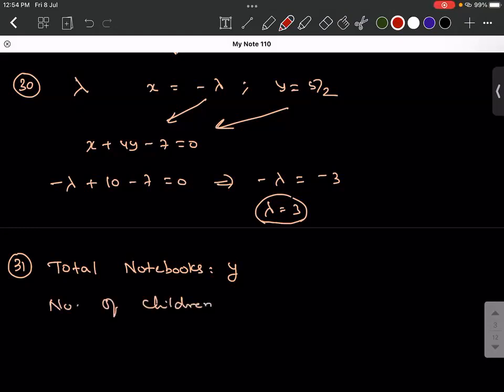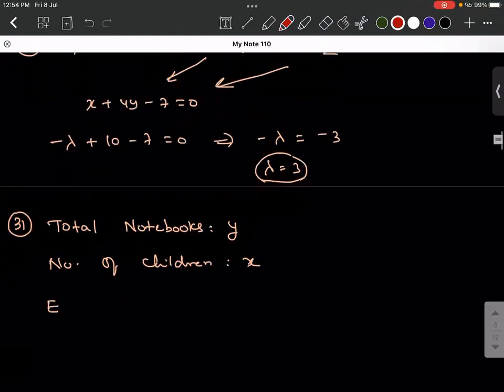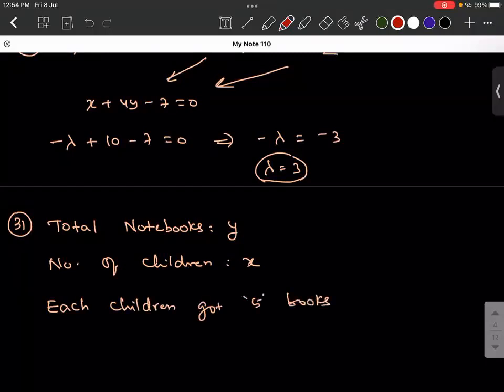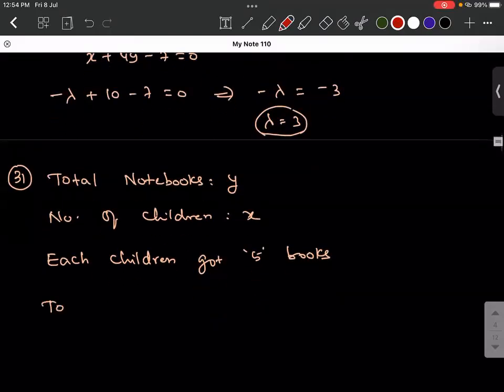Number of children is x. Each child got 5 books.